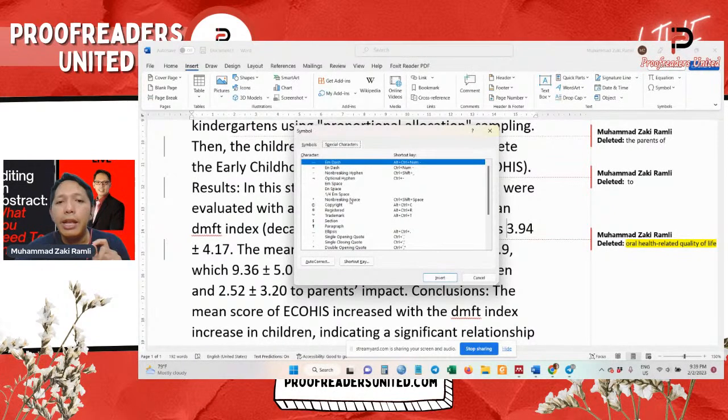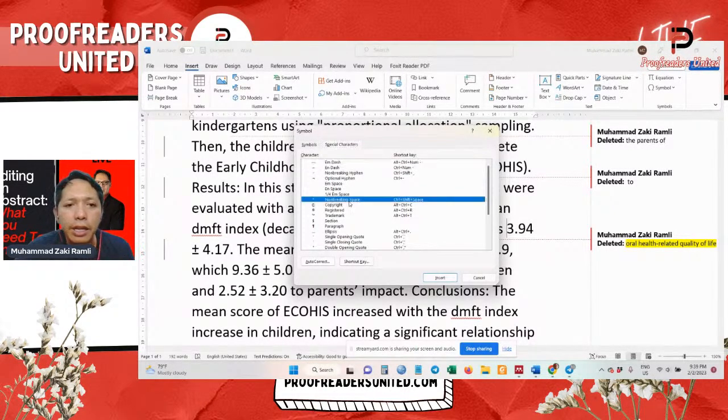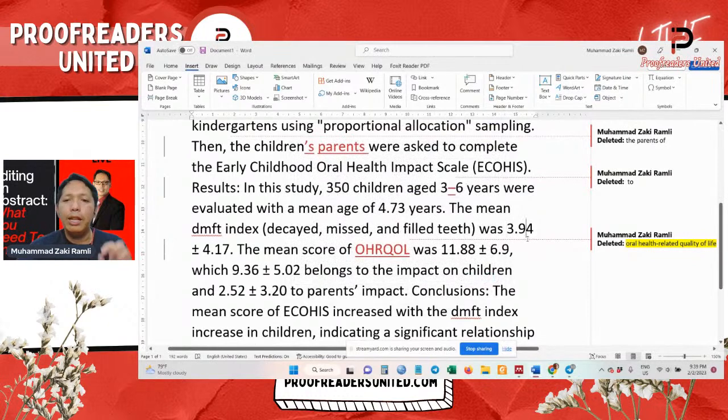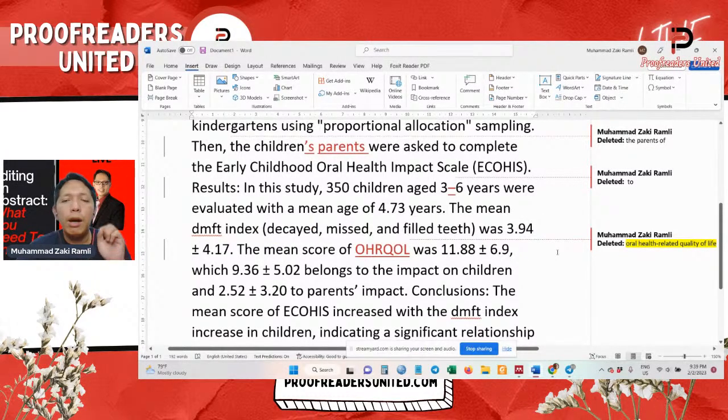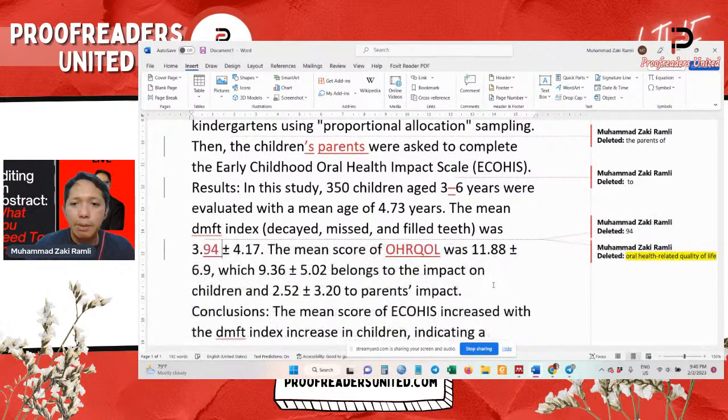Yes, non-breaking space over here, non-breaking space. What does it mean? Let me demonstrate it to you. Now, this space is present here, which makes the mean and standard deviation appear in different lines. They are broken. We can always make them appear together. How? We highlight the space, and then on our keyboard, we press Shift, Control, and Space bar.